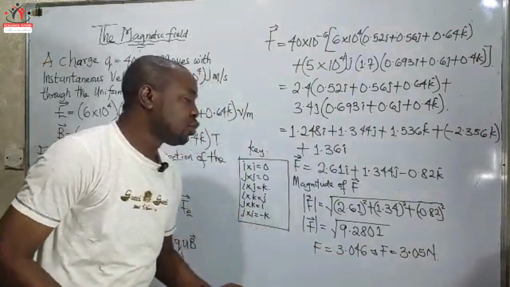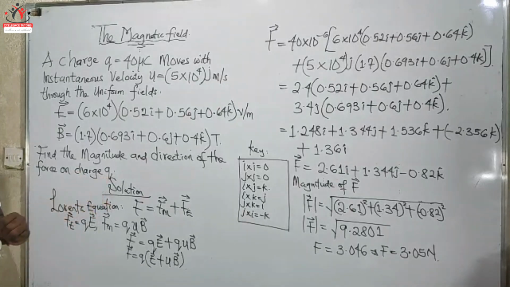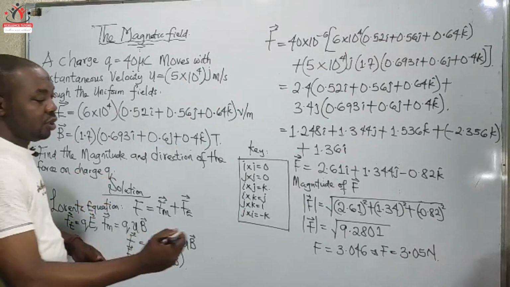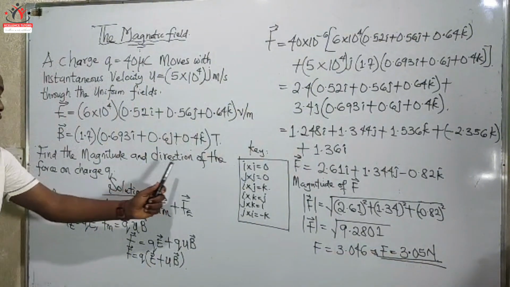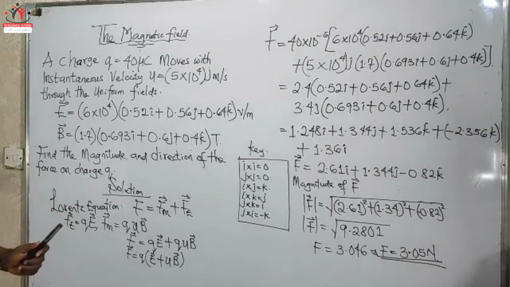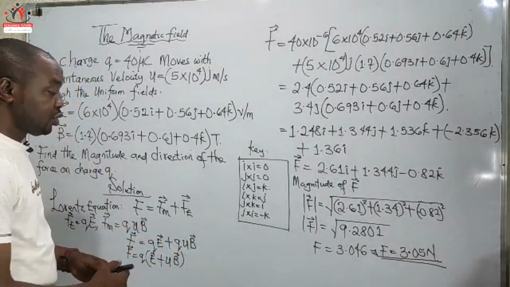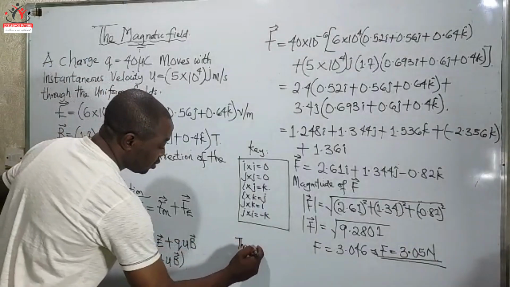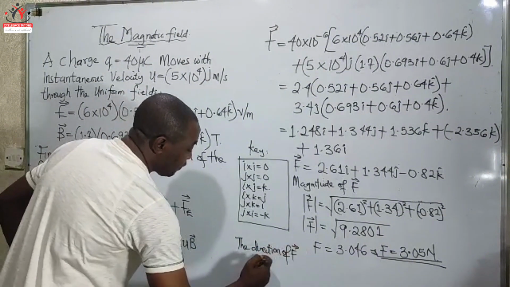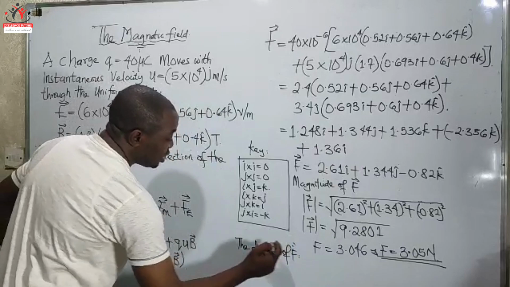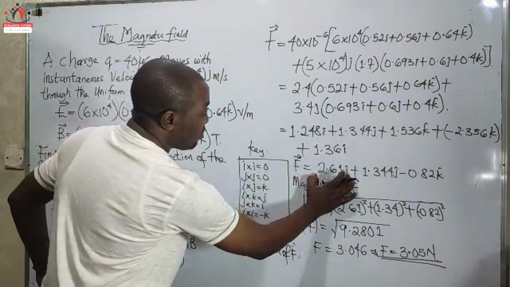This is the magnitude of the force on the charge Q. Now we also want to find the direction of the force on charge Q. So we are going to use what we call the direction cosine.